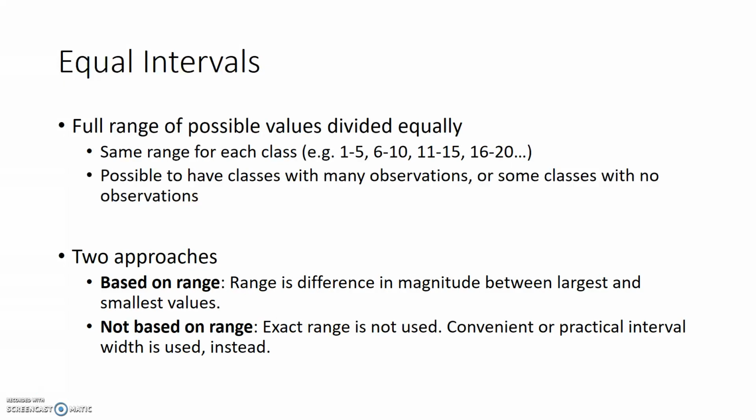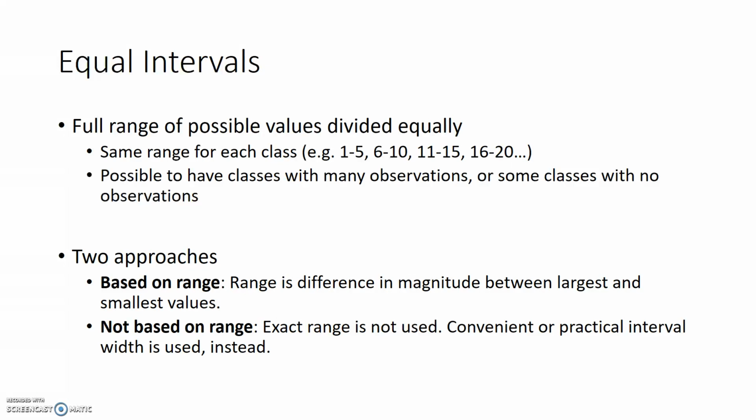So the key when remembering equal intervals is that this is based on the possibility. So the intervals themselves are equal, the class size, so that range of values that can be grouped together, that's what's equal. What's not necessarily equal is the number of values that go into them.